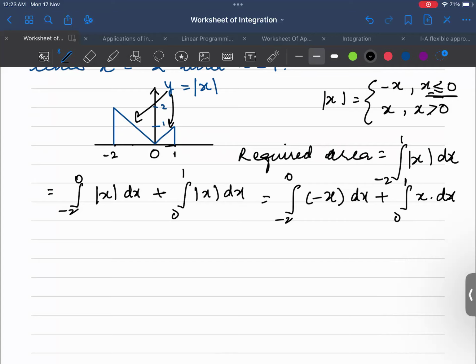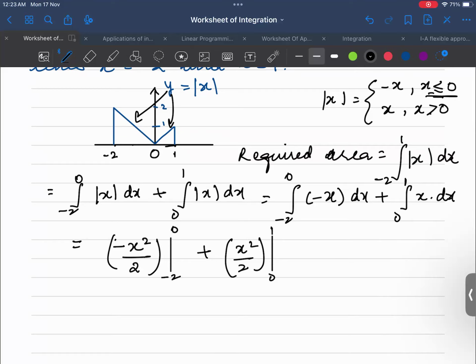Right? So it would be minus x square upon 2, with limits -2 to 0, plus x square upon 2, with limits 0 to 1. Simply, we have integrated and kept the positive.